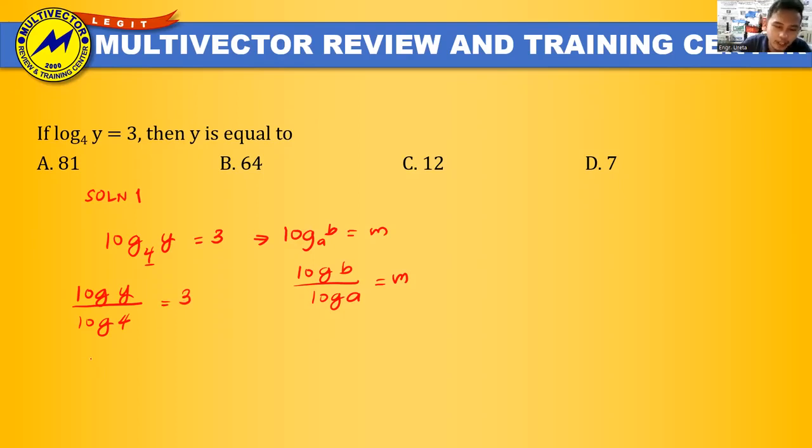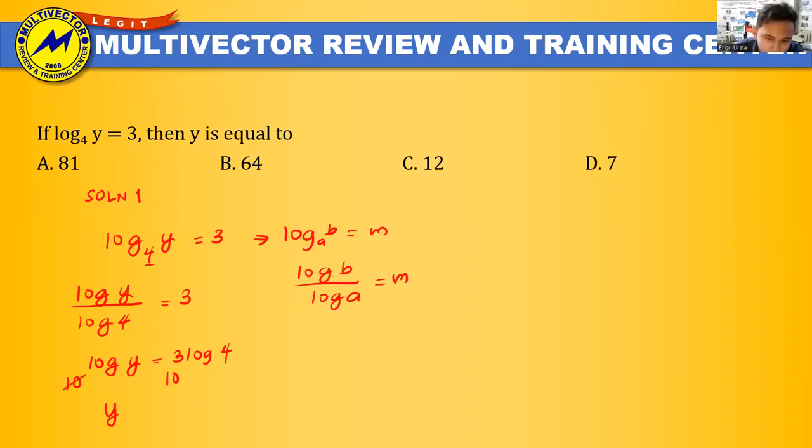Ang hinahanap kasi y. So log y is just equal to 3 log 4. Okay, so mag-antilog lang tayo. Gawin lang natin silang both exponent ng ating base. Ang base natin dito is 10 na, kasi hindi na siya naka-indicate. So kapag yung base natin ay hindi nakikita, automatic common logarithm yun, or 10.